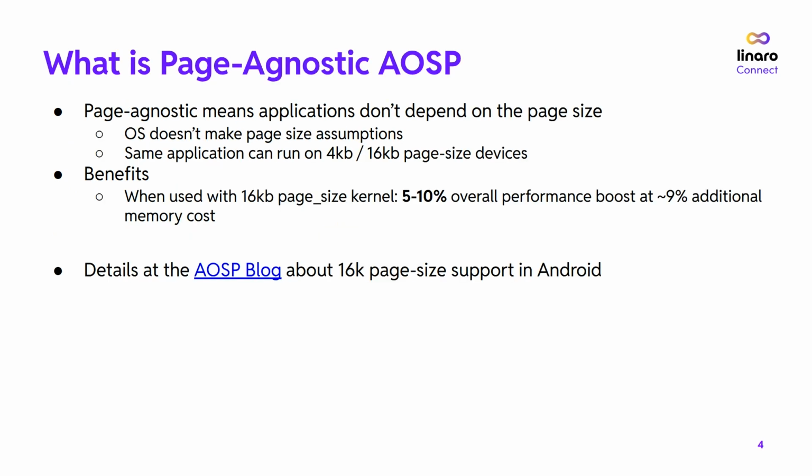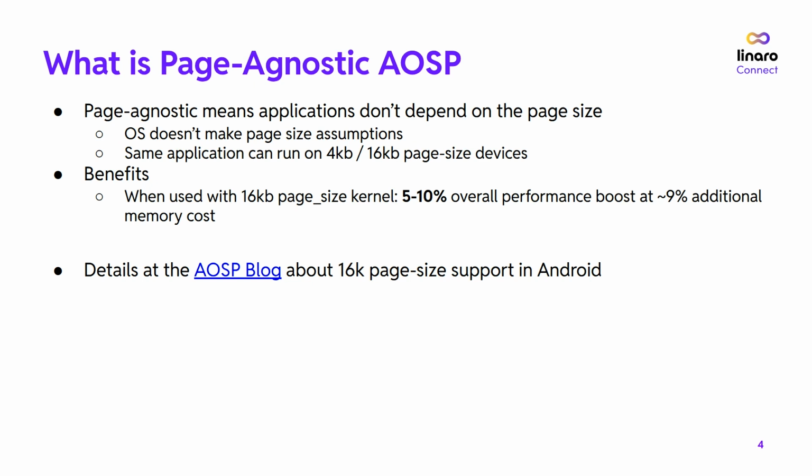So what is a page size agnostic AOSP build? It means that the AOSP build does not make any page size assumptions. The same application can run on 4K as well as on 16K AOSP build.